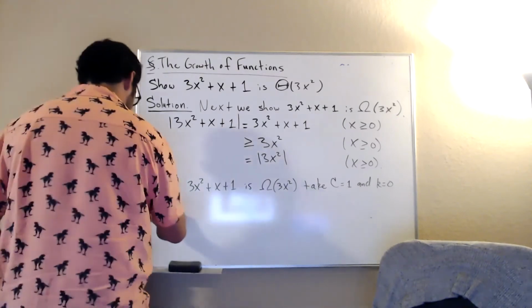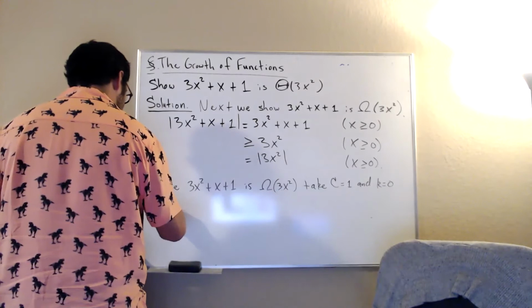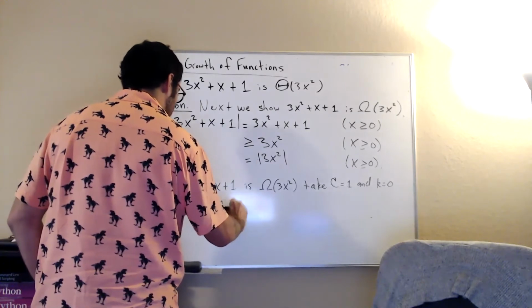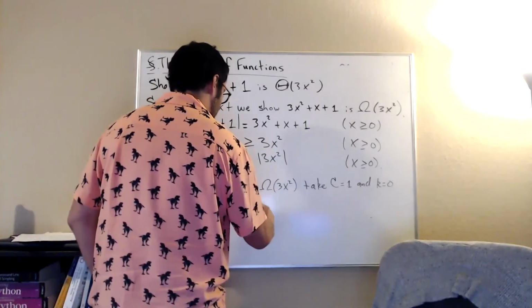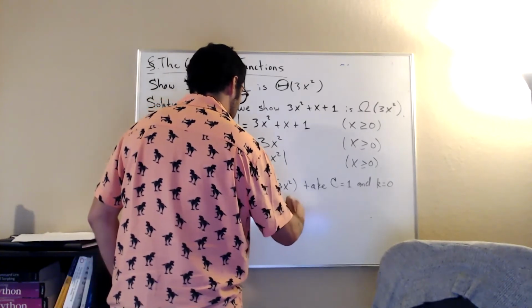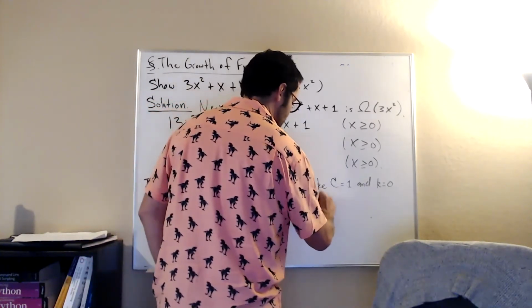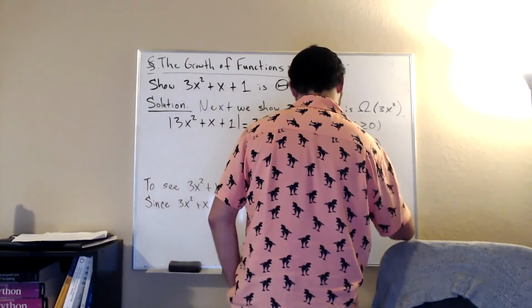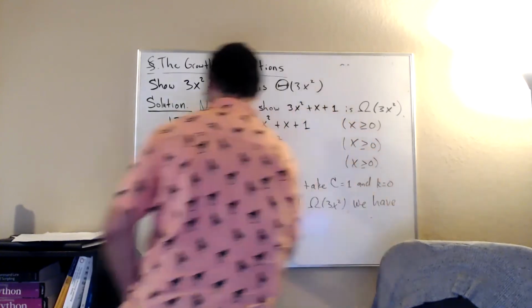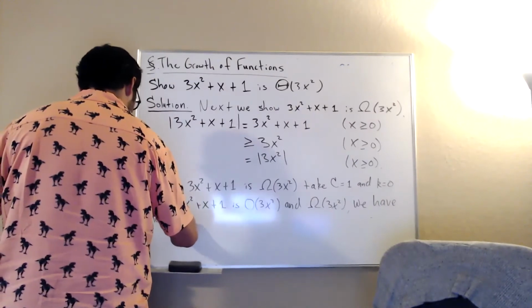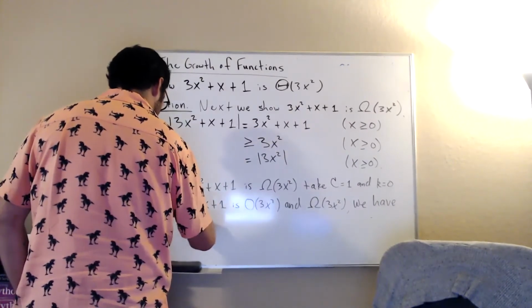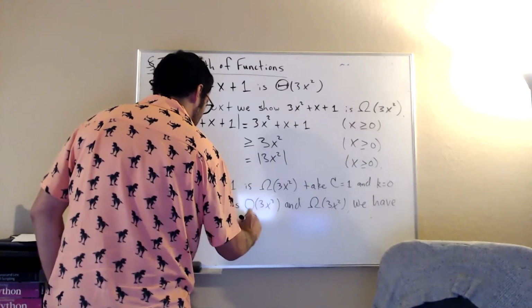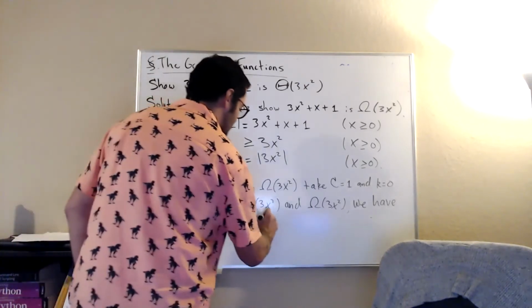And then finally, you would say, since 3x squared plus x plus 1 is big O of 3x squared and big omega of 3x squared, we have shown 3x squared plus x plus 1 is big theta of 3x squared.